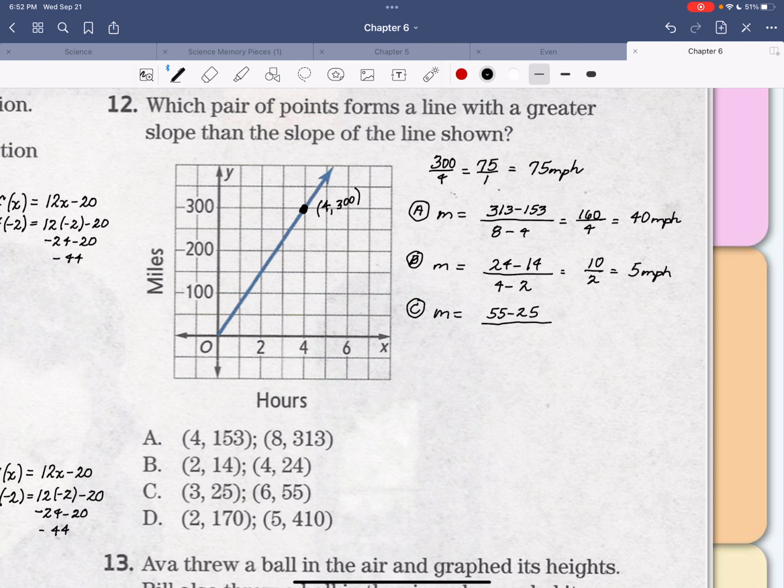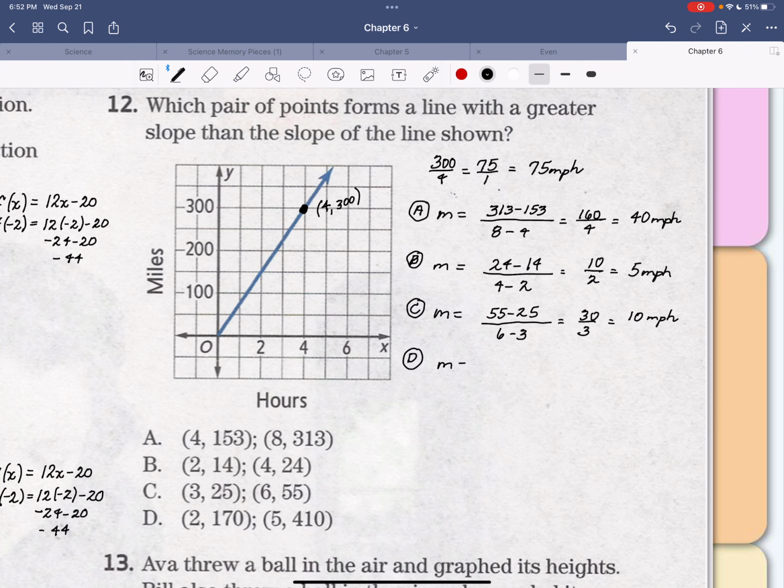55 minus 25, and then 6 minus 3. So 55 minus 25 is 30 over 3, and that would come up to be 10 for the slope.